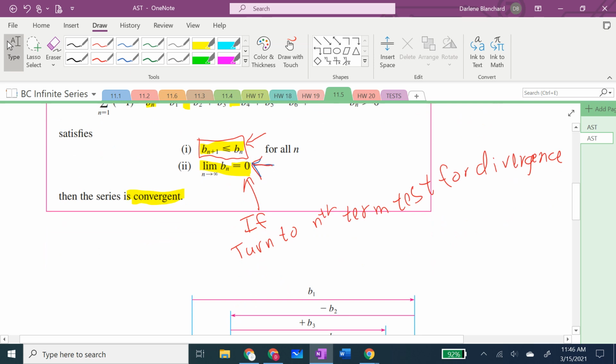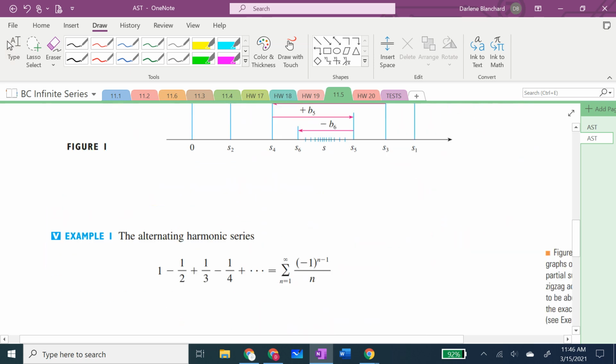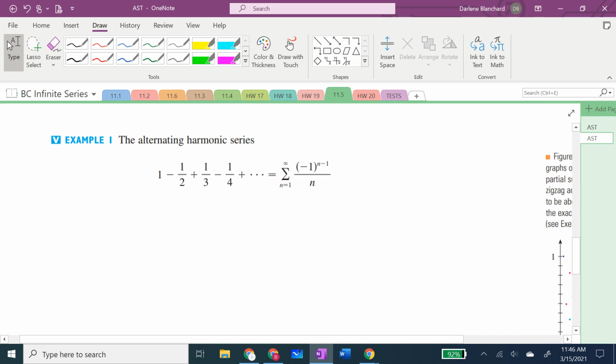And let's do an example. I'll come back to this picture. And we're going to start off with if we have an alternating harmonic series. Now we know that the harmonic series itself diverges, but the alternating harmonic series, let's see. Here's what you must write down.